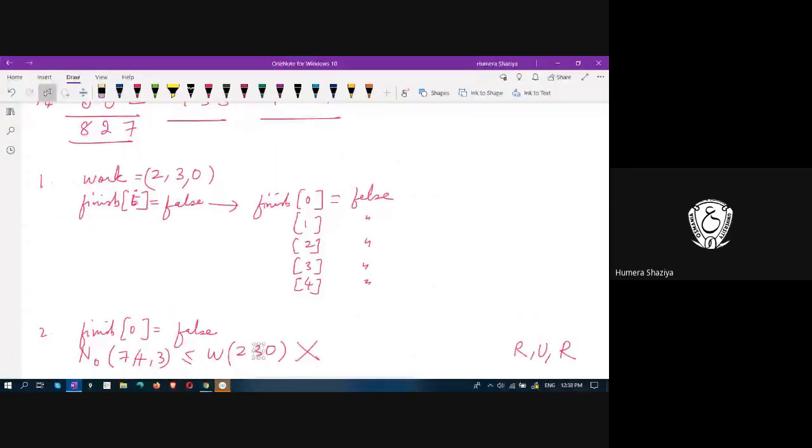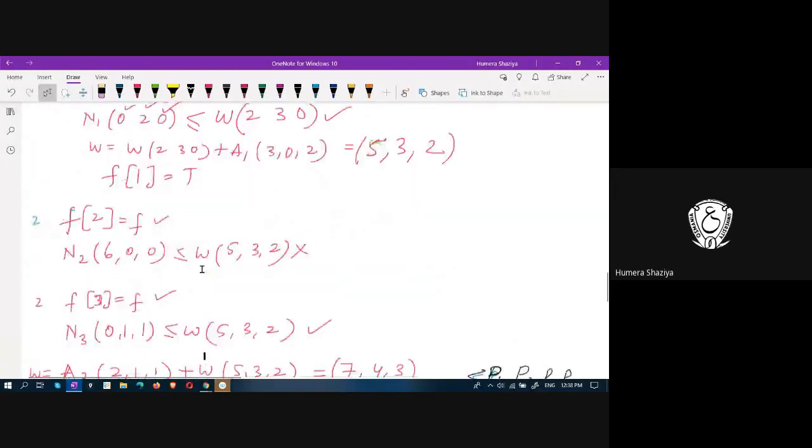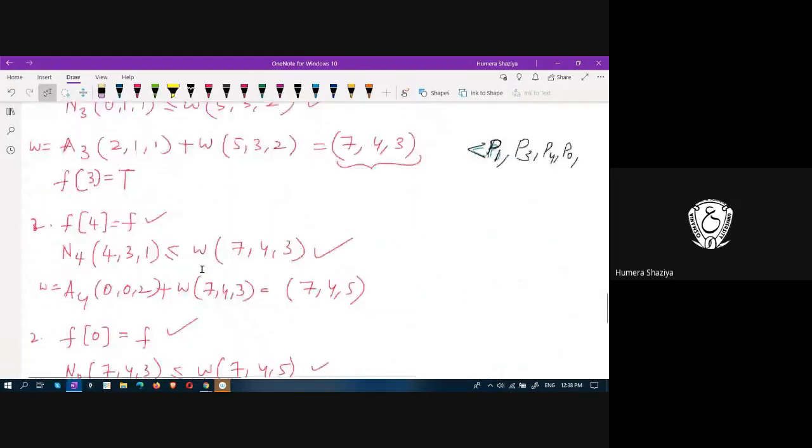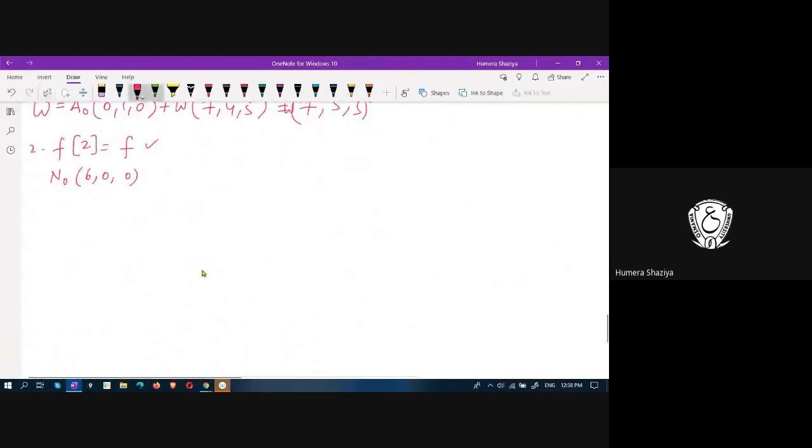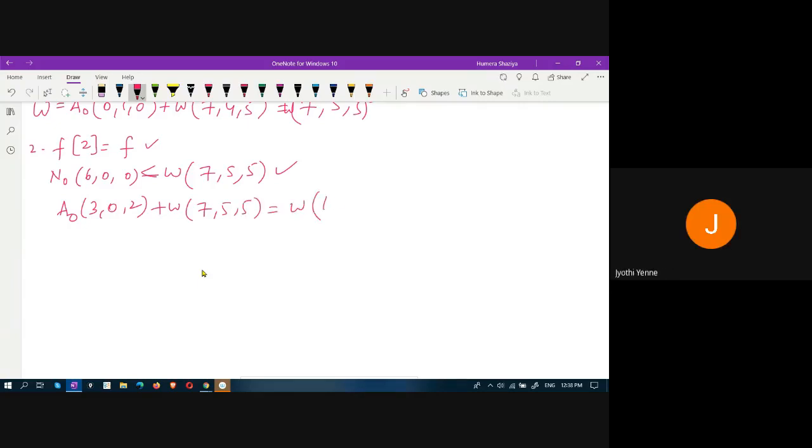Is 6 0 0 less than or equal to work, which is 7 5 5? Yes. So 3 0 2 allocated to P2 plus work 7 5 5 is equal to the new work, which is 10 5 7.